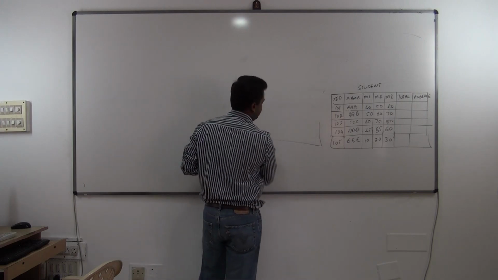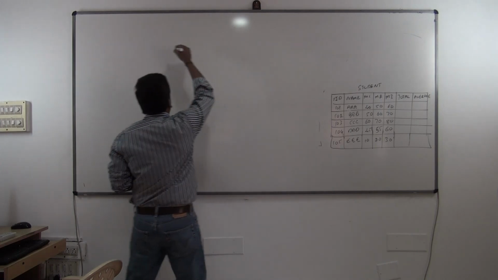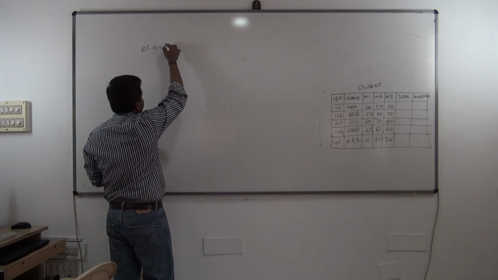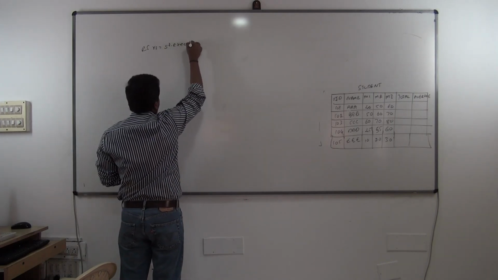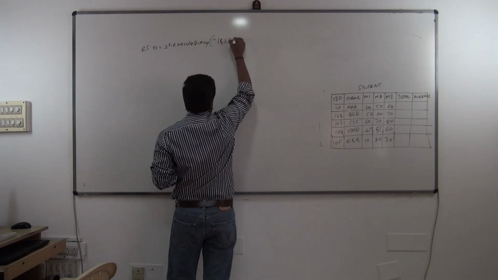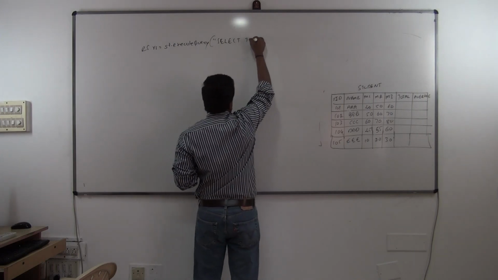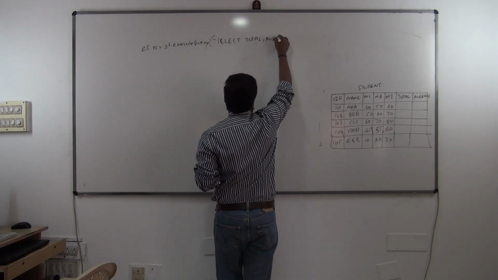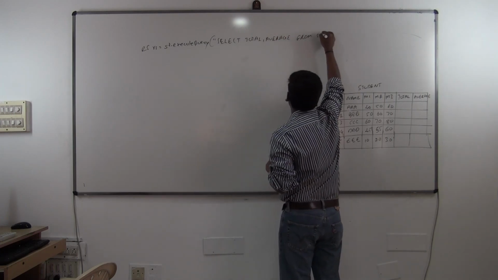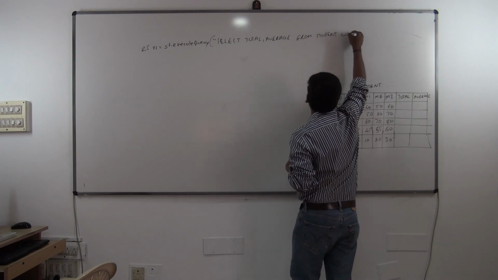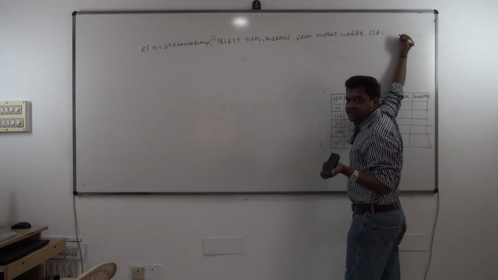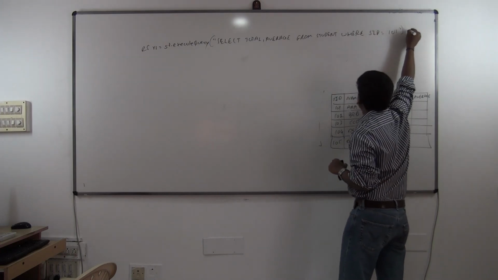ResultSet rs, because you need the values. rs = st.executeQuery(select total, average from student where SID =). We can go with Statement or PreparedStatement, that's your wish, but I'll hard code it now and simply show you.